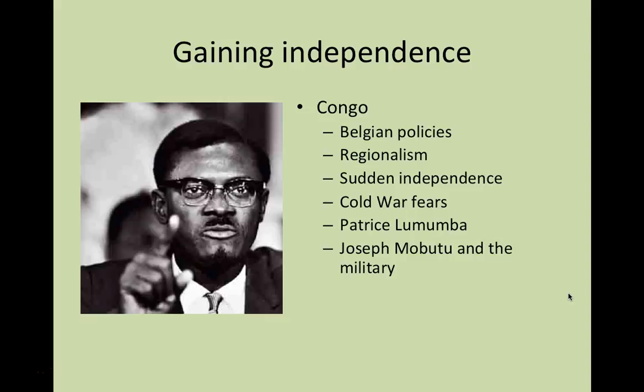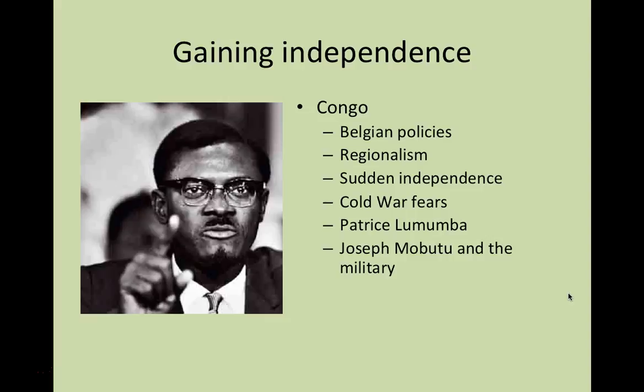After the Second World War, they had made absolutely no move in that direction. They claimed that they needed the Congo to help rebuild their own country, that they needed those resources, and so they hadn't done any sort of reform to try to share power. They simply declared one day in 1959 that in 1 year they would hand over power to the Congolese people such that they could be independent.